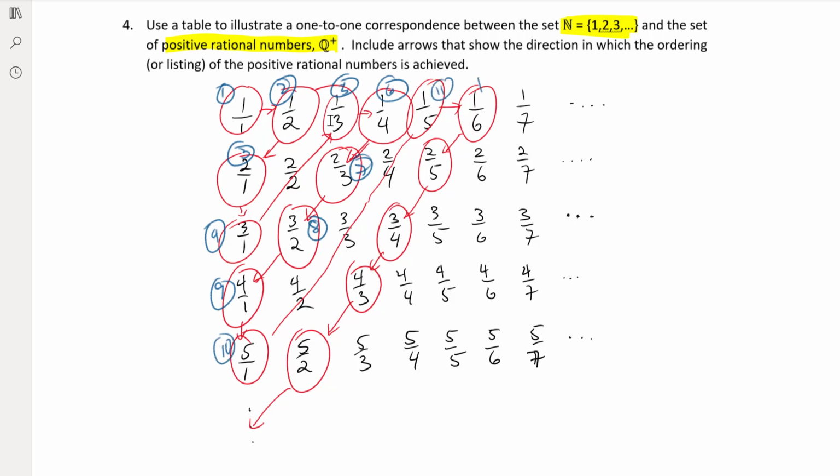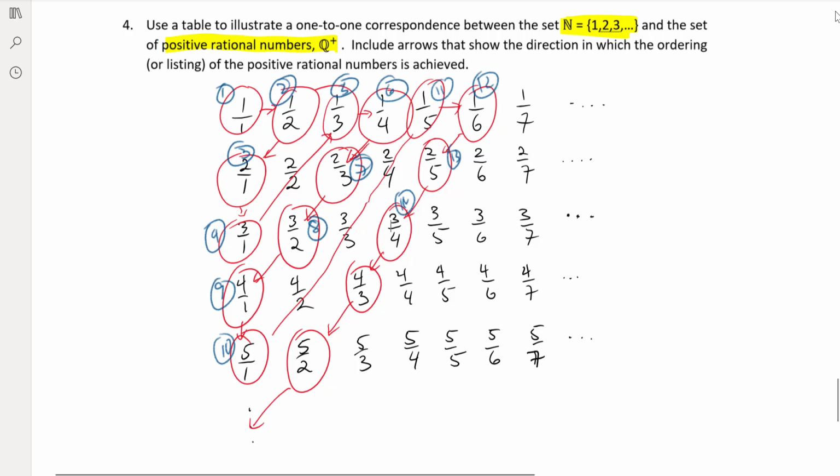There's 11, and 12, and 13, and 14, and it goes on. And that is the one-to-one correspondence. Now, I haven't even tried yet to figure out a formula that would produce this correspondence, but it's not asking for that here. It's just asking to illustrate what the one-to-one correspondence is, and so that answers that question.